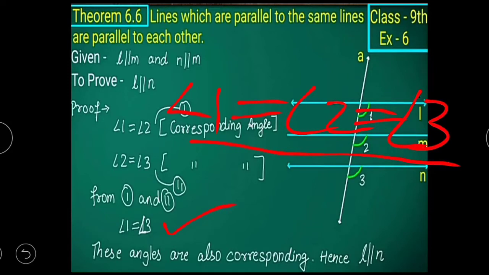Now if angle 1 is equal to angle 3, then it is possible that L is parallel to N because these are the corresponding angles of two lines. If the corresponding angles of two lines are equal, then the lines will be parallel. So angle 1 and angle 3 are the corresponding angles of lines L and N. Therefore line L is parallel to line N.